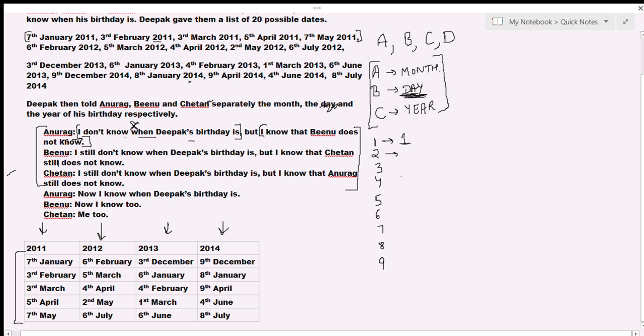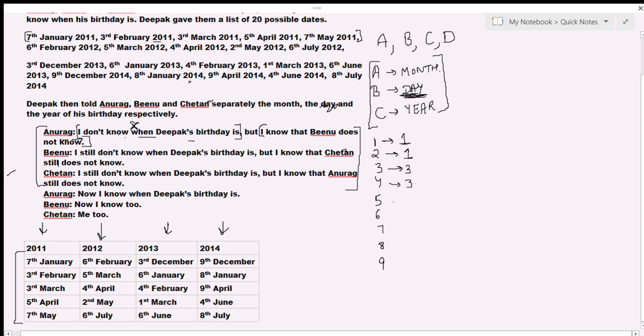Date 2 appears only once: 2nd May 2012. Date 3 appears more than once. It is in 2011 and in 2013, so we can write that it appears thrice. Date 4 appears in 2012, 2013, 2014, so thrice.